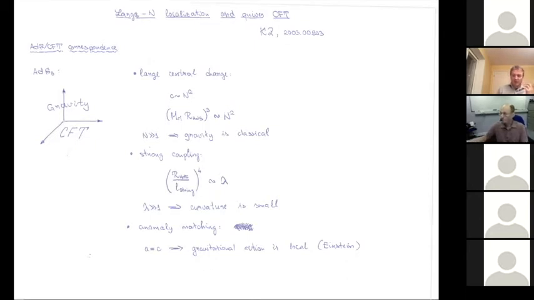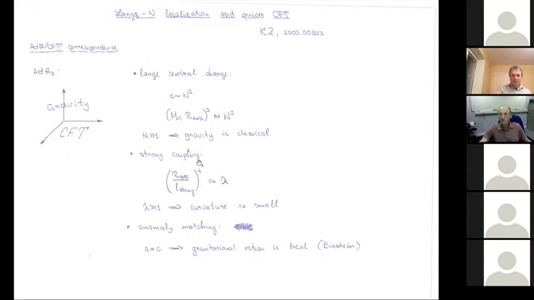If the central charge is infinite, then there will be no quantum gravity effects. The other requirement is that the CFT should be at strong coupling, where the coupling controls the radius of anti-de Sitter space, again in some appropriate units. The space will be big if the coupling is strong.